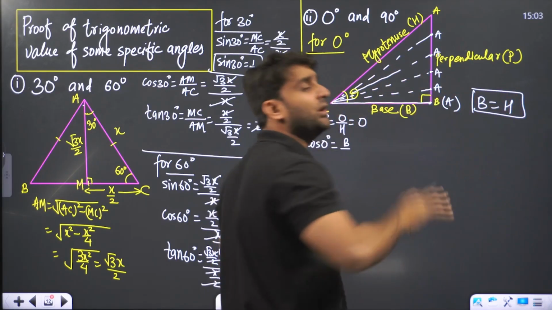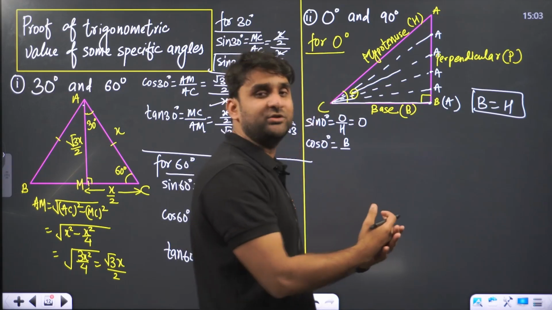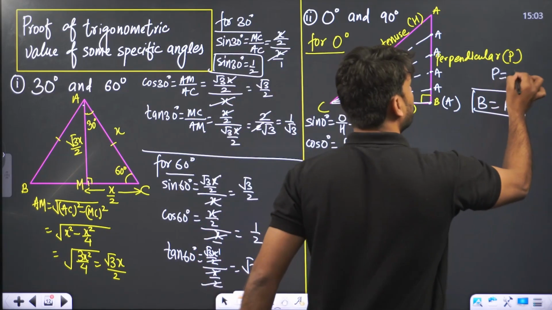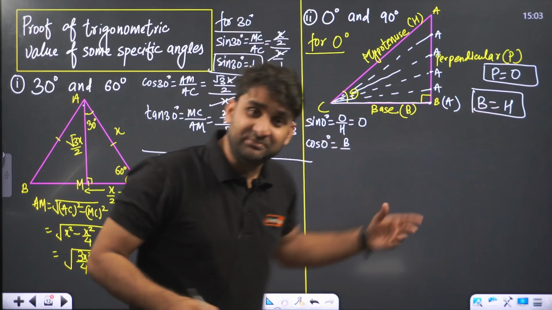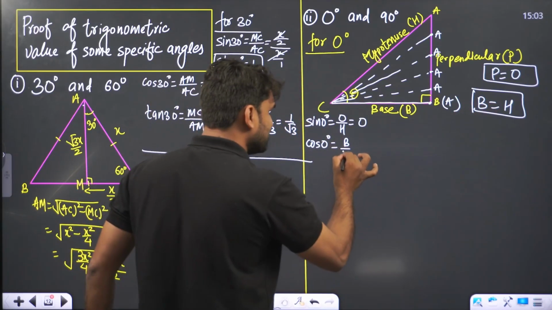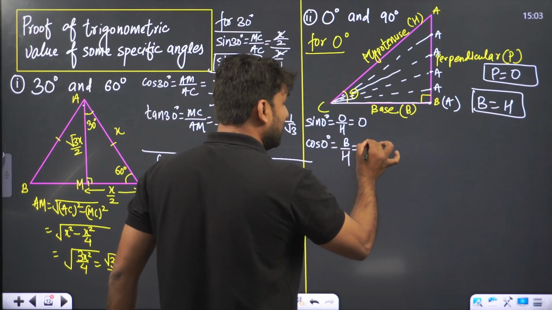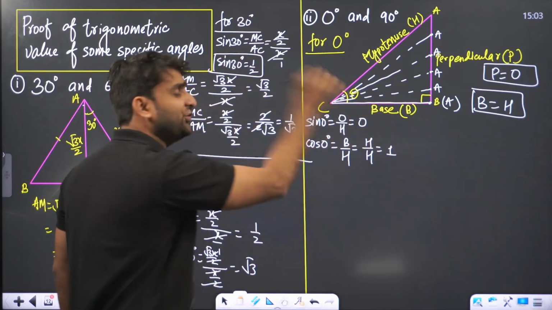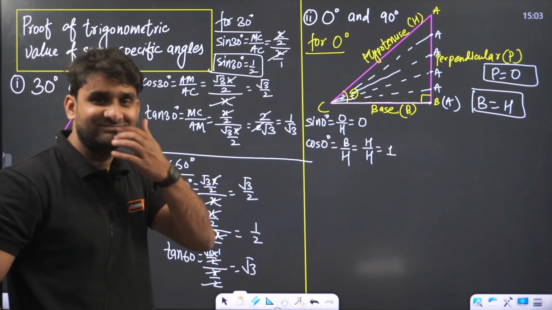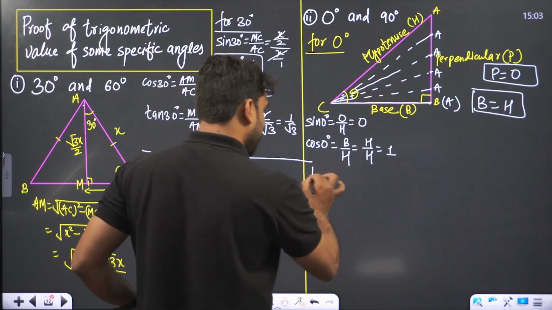So they are equal to each other. But perpendicular becomes 0. So this is b by h, and luckily b is also equal to h. So h by h will be 1. So that's why cos 0 is equal to 1. Clear, everyone?